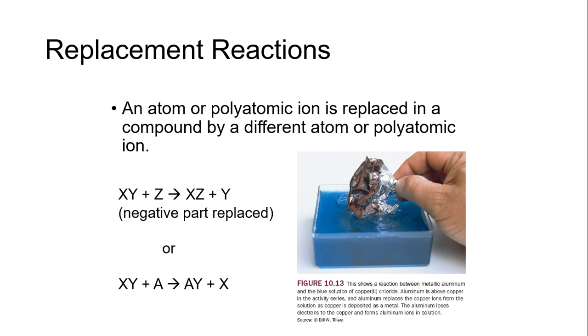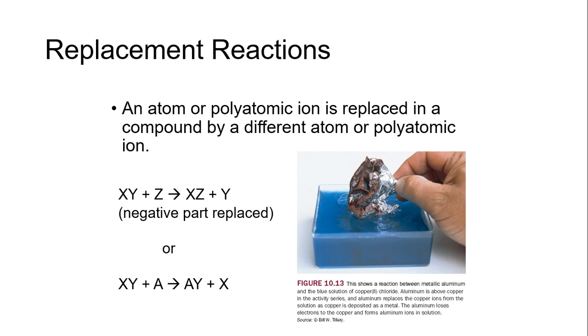Here's a replacement reaction where you have one substance in which the negative part of that substance is replaced by some other atom. Here's an example in this figure showing a reaction between metallic aluminum and a copper chloride solution.